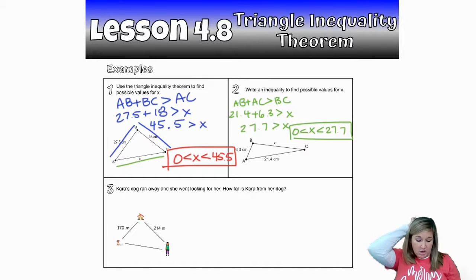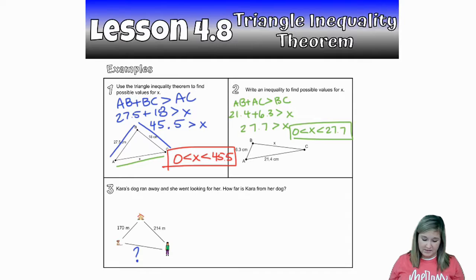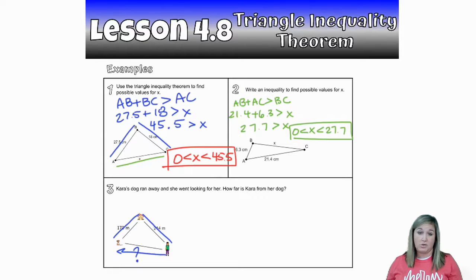All right, so Kara's dog ran away from her and she's looking for him. How far away is Kara from her dog? This is just a possibility of how far. It's not going to be an exact science. But what I do know is that the distance from the dog to the house plus the distance from the house to Kara is going to have to be greater than her distance to the dog.